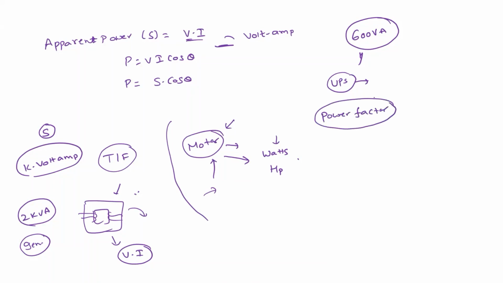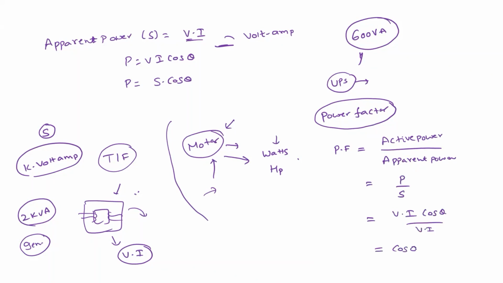Power factor, PF, is defined as active power divided by apparent power, in other words P divided by S. So it is VI cos theta divided by VI, which is cos theta. In other words, the cosine of the angle between voltage and current.